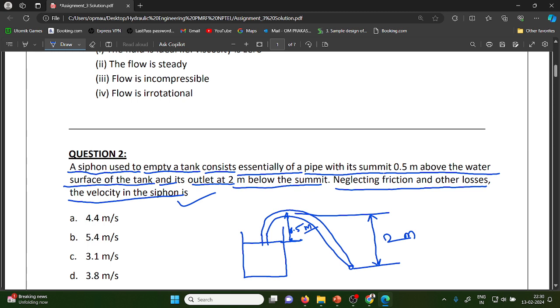Please try to solve, then I will show the answer of this question. You have 2 minutes for that question.